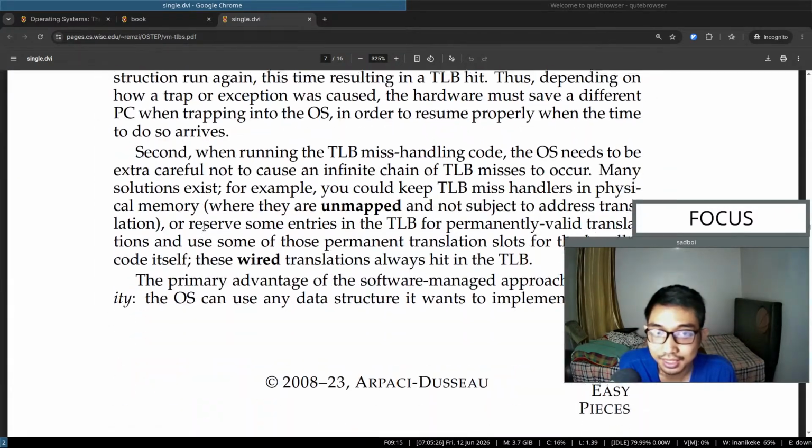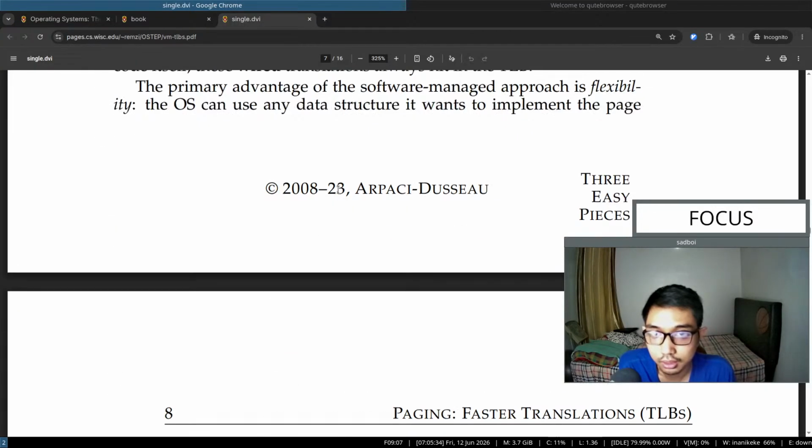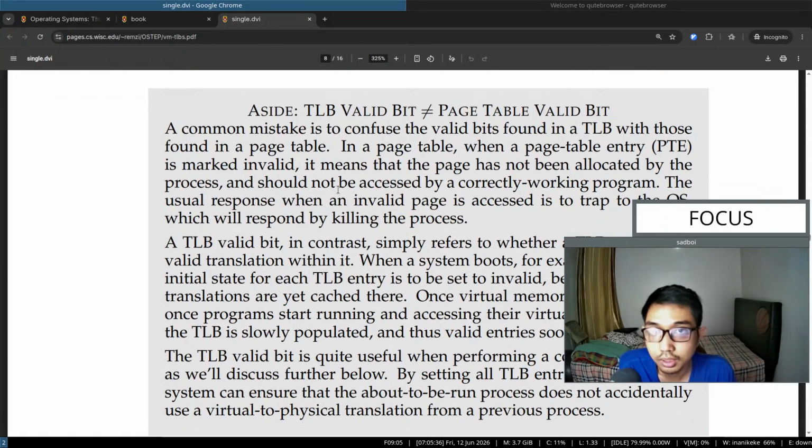Okay, that is the first aside here. Both RISC and CISC. And then another aside.